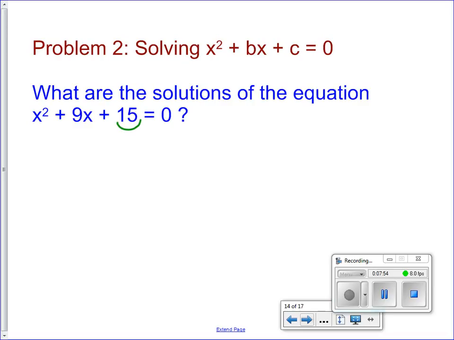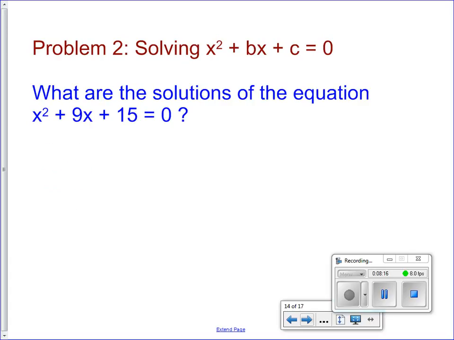If I were looking for the factors of 15 that would add up to 9, my only factors of 15 are 1 times 15 and 3 times 5. And neither one of these will give me 9 in the middle. So this is not a factorable equation.